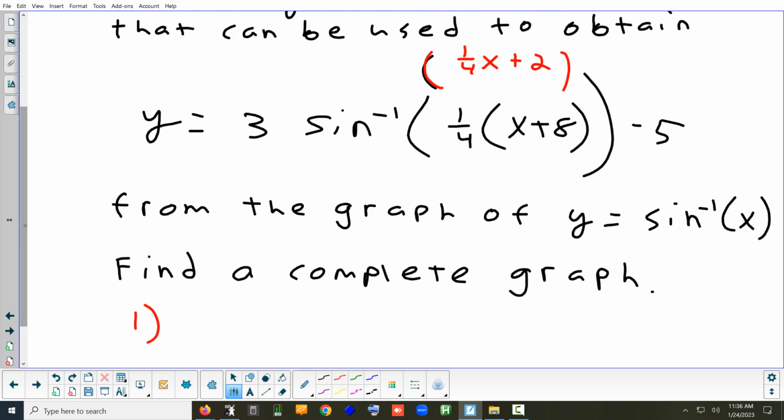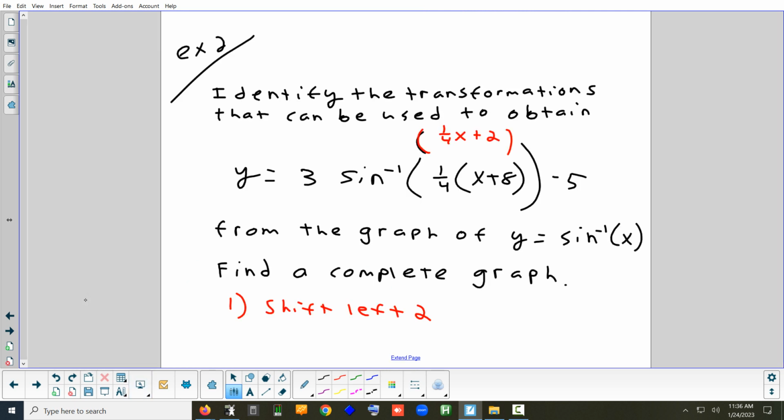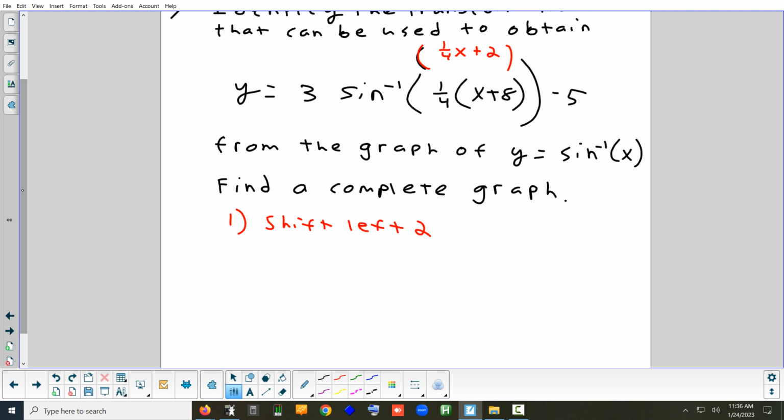So first transformation, we're going to shift left 2. Let's see if you can see it. Okay, so shift left 2. What's the next thing? Stretch by how much? Stretch it by 4. I would say that's really a horizontal stretch by 4.